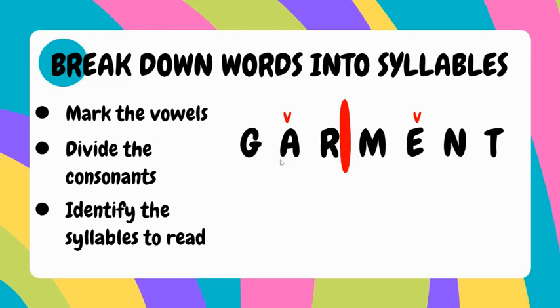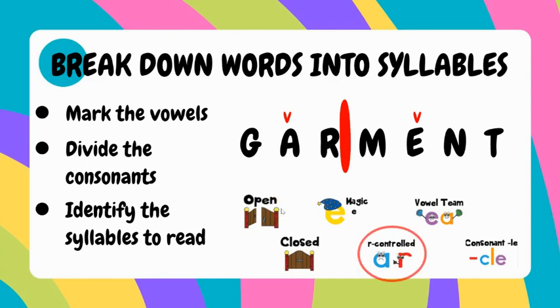Then there's a controlled R situation. So I know that the A is not going to say its name. It's going to make a completely different sound because the R is controlling. And so in this first syllable, it's a controlled R situation. And this syllable, it's a closed syllable.